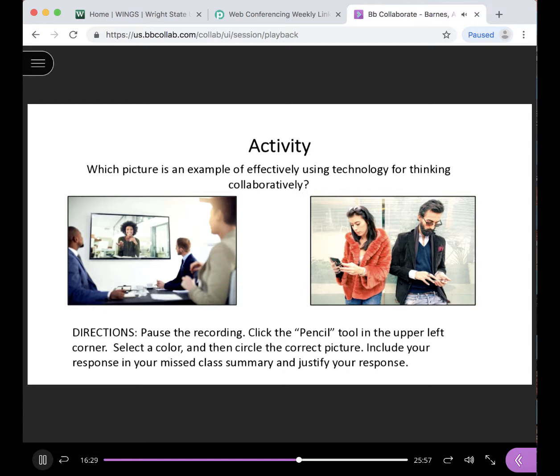Please pause the recording and decide which picture you feel is the correct answer, the right or the left, and also include that in your missed class summary. And if you could also justify your response, write a sentence or two explaining why you think the picture you chose is correct.